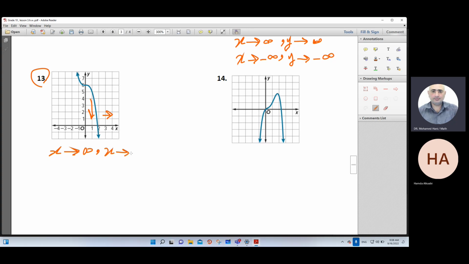Y goes to the negative infinity. And here in this side, when you go left, x will be decreased and y will be increased.